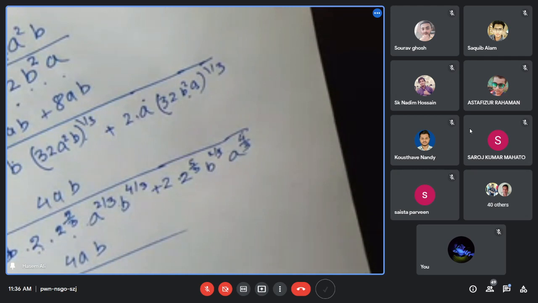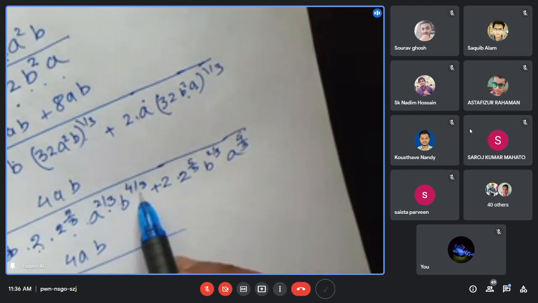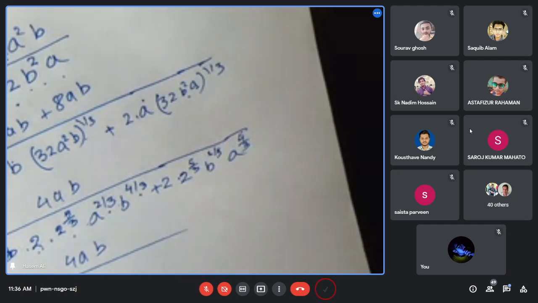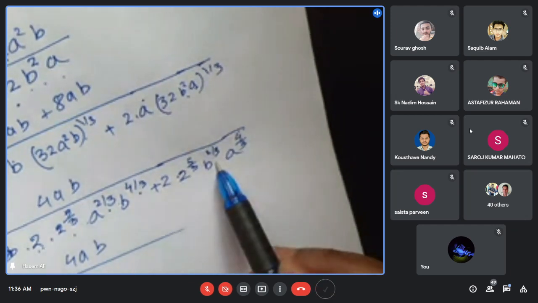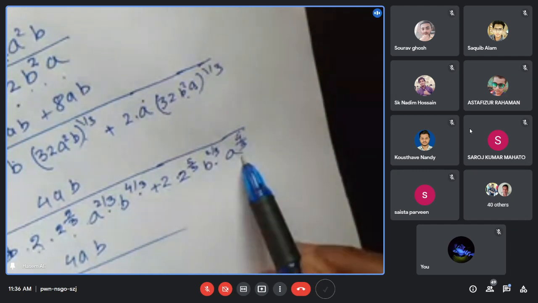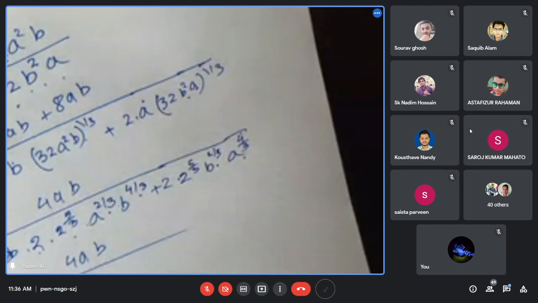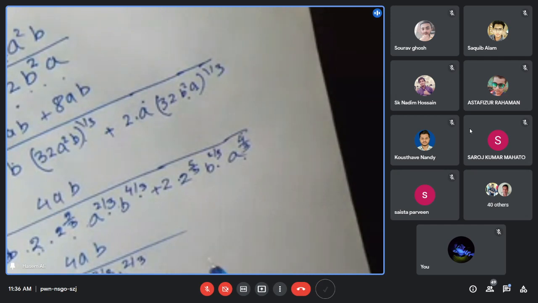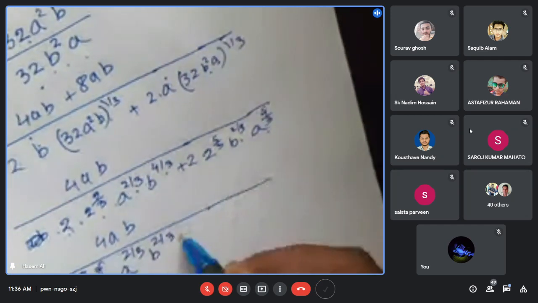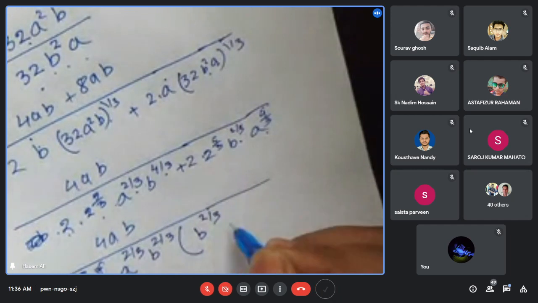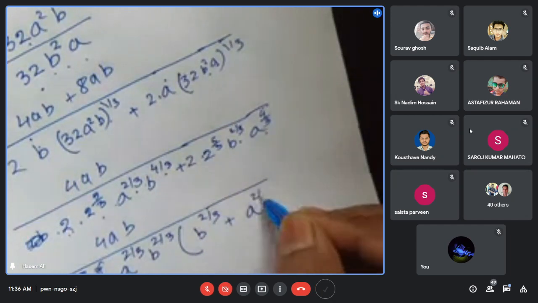Common we have a to the power 2 by 3, b to the power 2 by 3. So here will be b to the power 2 by 3 plus a to the power 2 by 3.